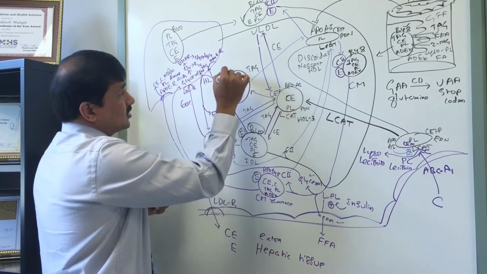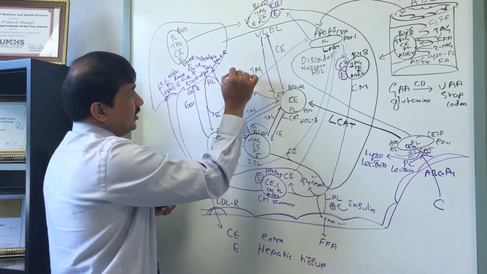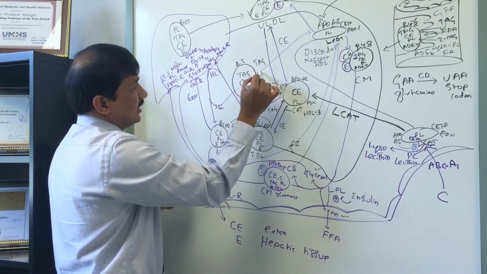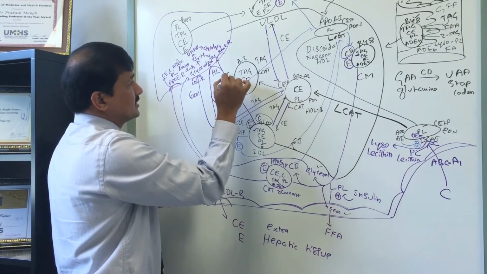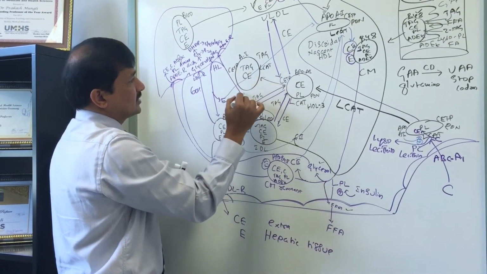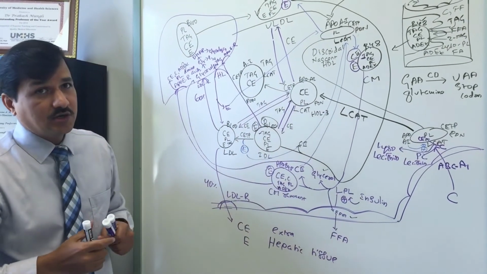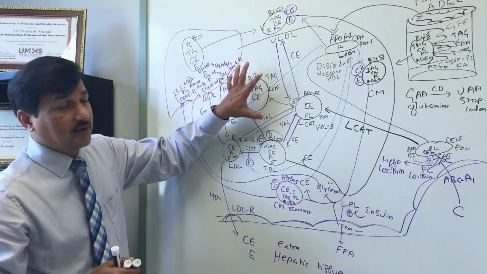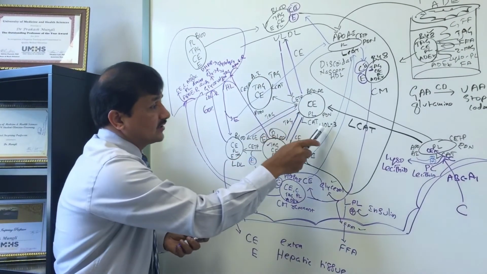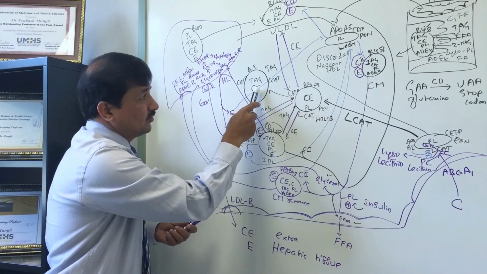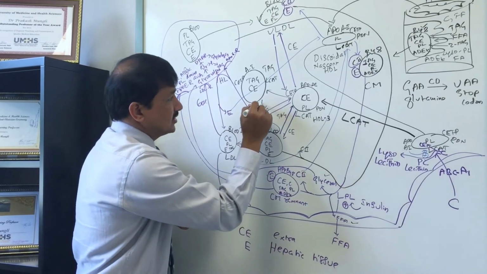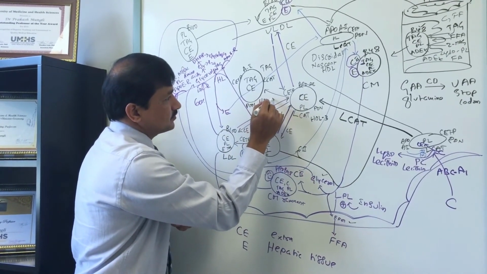And also of course it has ApoA1 on the surface, it has LCAT, all those enzymes, CETP, peroxidase, all the other apolipoproteins except ApoB100, B48 still there. But the only thing is HDL3 is now converted to HDL2 molecule. This is HDL2.